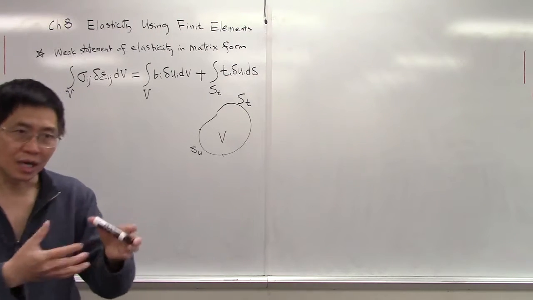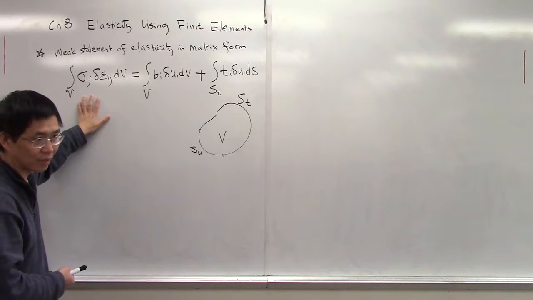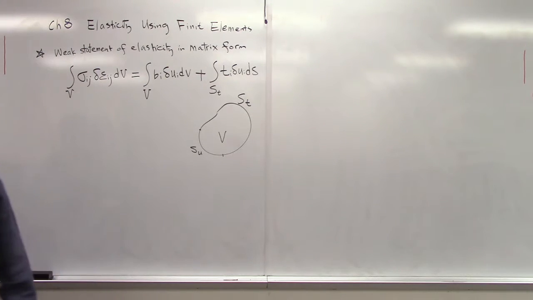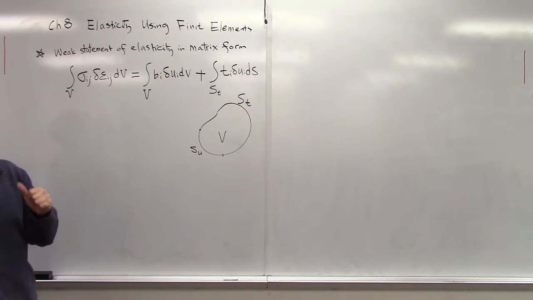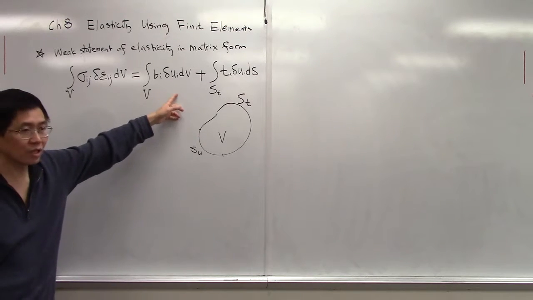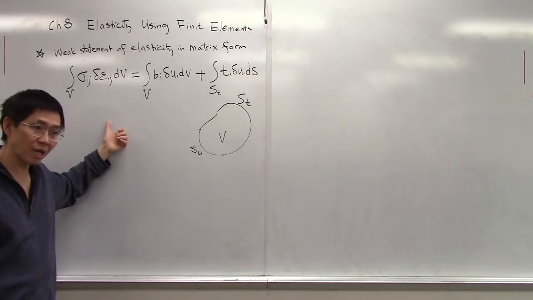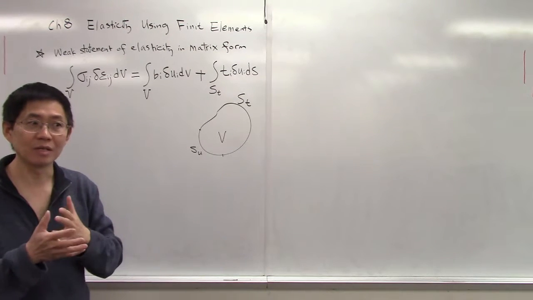Okay? The work done is stored in the energy form, elastic, because we assume there's no temperature change, there's no other form of energy dissipation, no plastic deformation. That is why the force done is stored as a spring energy. When there is plastic deformation, that's a different story.